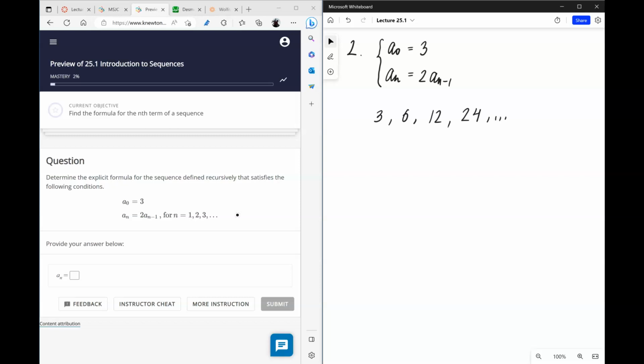And now in order for us to find the general formula, we may have to play with this sequence, and what I would suggest is to factor out 3 from every term, and then we'll be able to see the pattern.